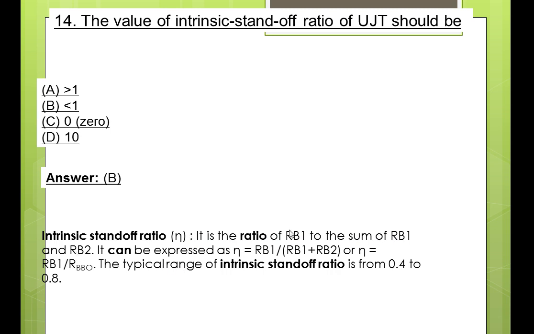So it can be expressed as RB1 by RB1 plus RB2, where RB1 plus RB2 is written as RBB0. The typical range of intrinsic standoff ratio is from 0.4 to 0.8. So the value of intrinsic standoff ratio of UJT should be less than 1.